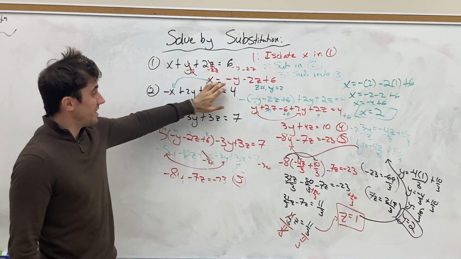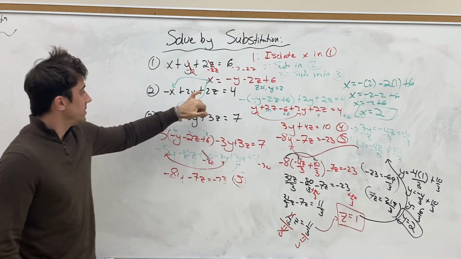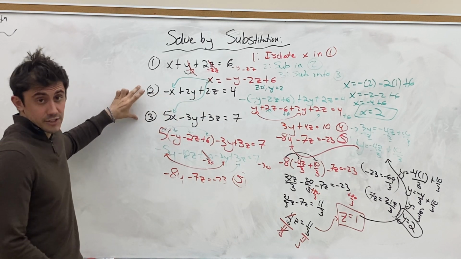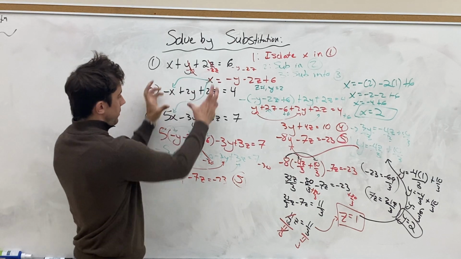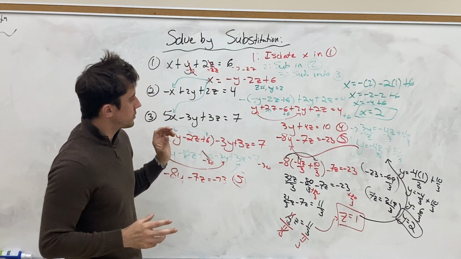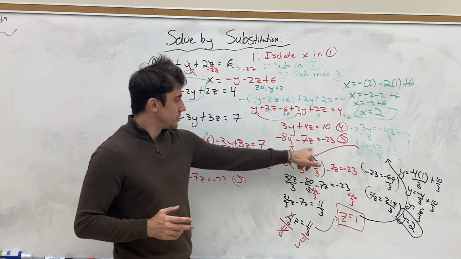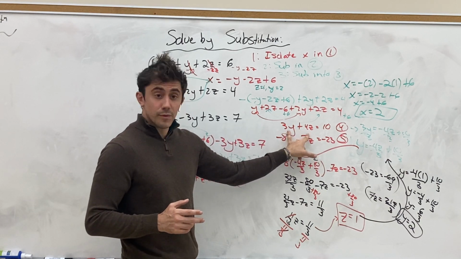So, after finding an expression for x in terms of y and z, we were able to substitute that expression for x into the x in equations 2 and 3, the 2 equations that we hadn't used yet. With those 2 equations, we managed to create equations 4 and 5, which were 2 equations with only the y and z variables, right?